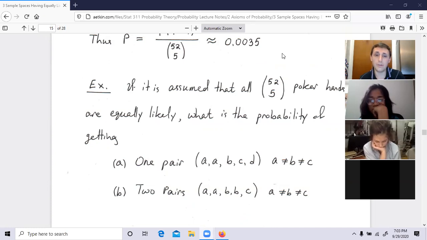Type W if you want me to wait, and type G if you want me to go. In other words, solve it. Okay, so a lot of G's. I guess I will go ahead and solve it.